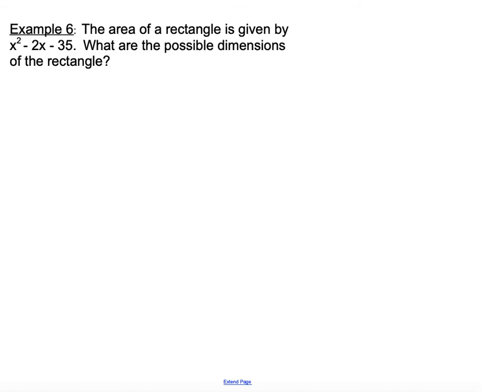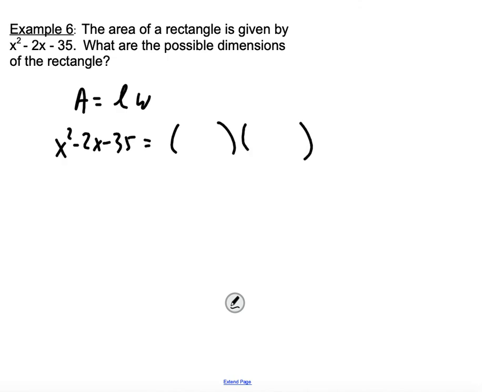The area of a rectangle is given by x squared minus 2x minus 35. Area of a rectangle means length times width. So all we have to do is factor this, and those are the possible dimensions of the rectangle. So what times what gives me x squared? What multiplies to give me negative 35?